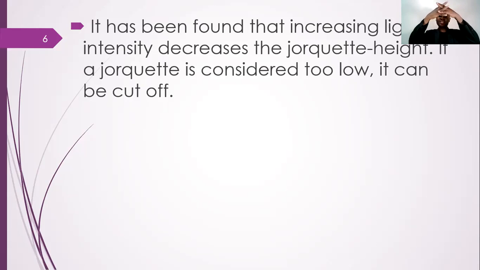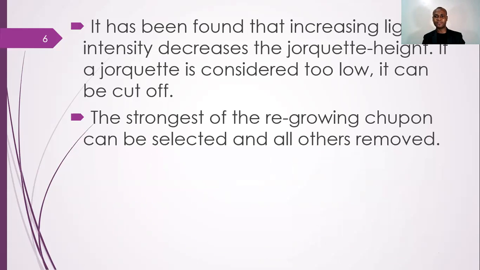And then the branches are going to overlap. With low jockey formation, there's more overlap of branches. So this is one thing you should know. The strongest of the regrowing chupons can be selected and all others removed. So if you notice that there are chupons coming out, cut them off.